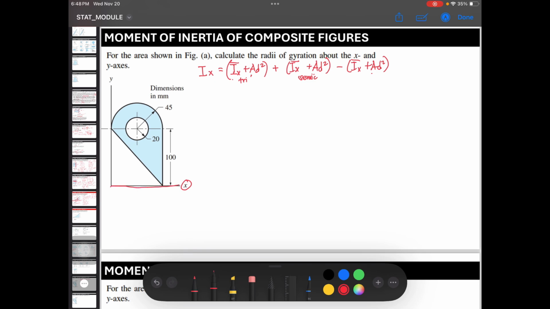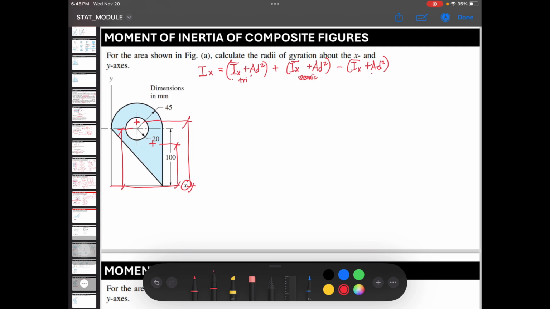Siya yung distance ng centroid ng shape to the reference axis. Ito yan, dahil ito yung centroid ng triangle. For the semicircle, saan ang centroid ng semicircle? Nandito, medyo taas. So, ito yung D semicircle. For the whole circle, ito siya. Yan yung mga D nila.